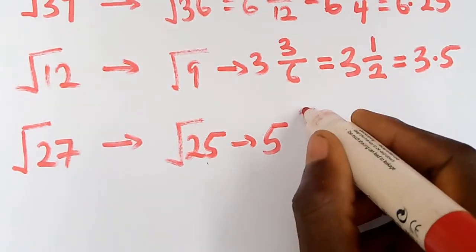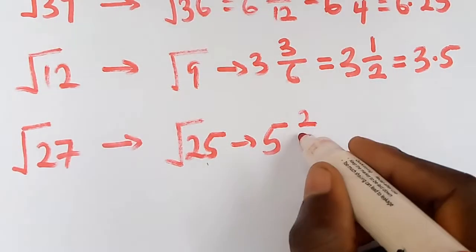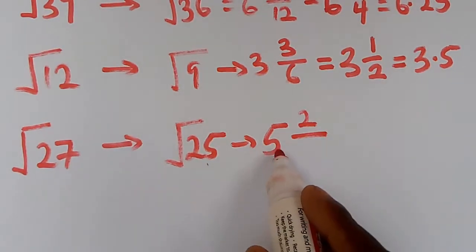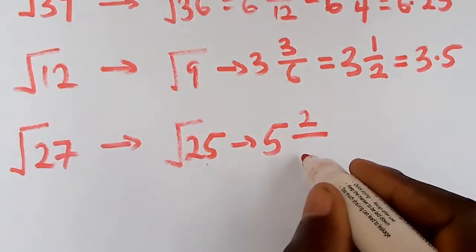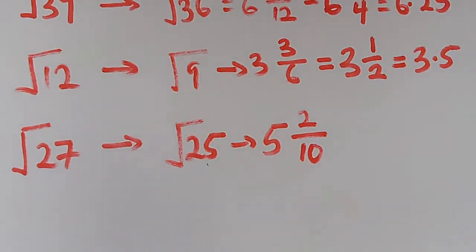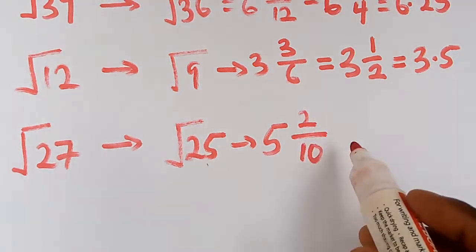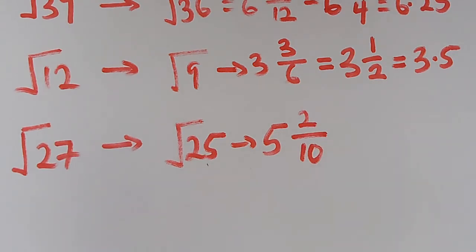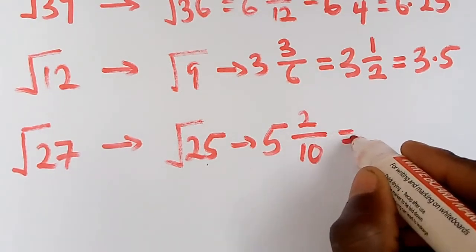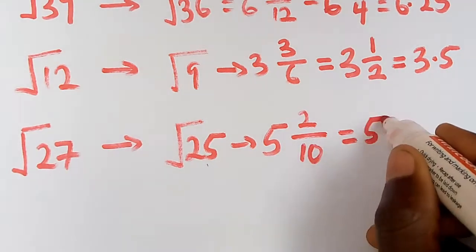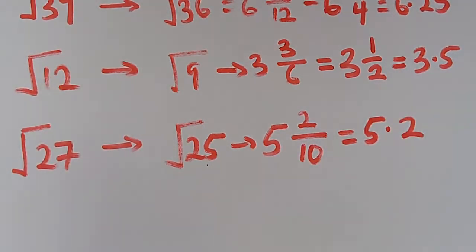So write that 2 as a numerator over, you double this 5 and we get 10 here. And then all that we know is that 2 over 10 will give us 0.2. So we can write this one as 5.2.